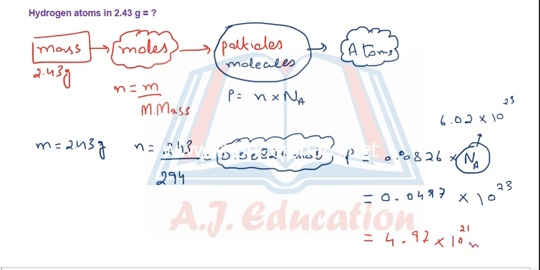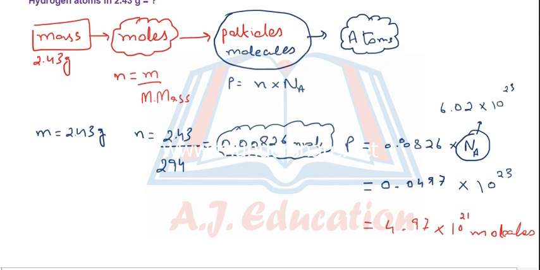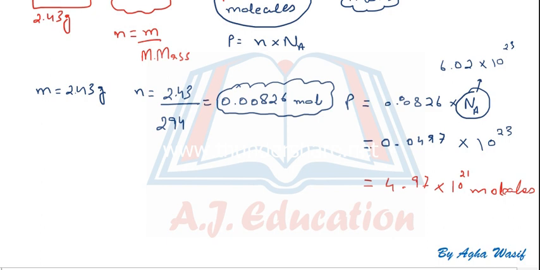So these are the number of molecules present in 2.43 grams of aspartame. Now what we are going to do, we are going to calculate number of hydrogen atoms in these number of molecules.